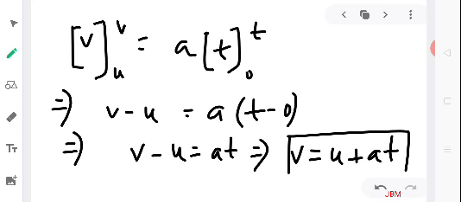This is the first equation of motion, the first equation of uniformly accelerated motion, or what is called the velocity time relation.